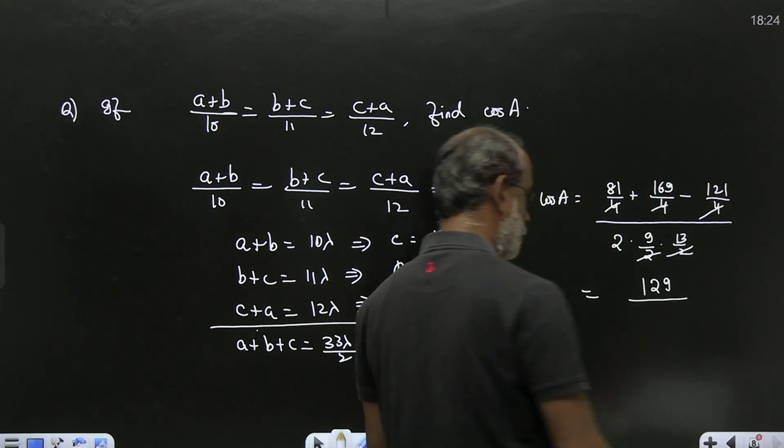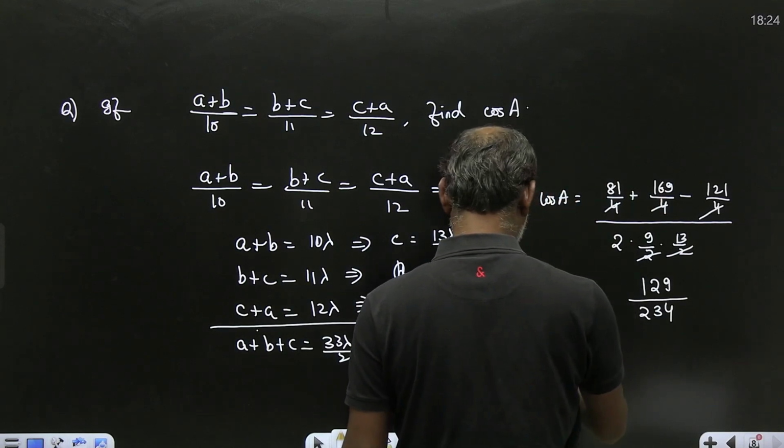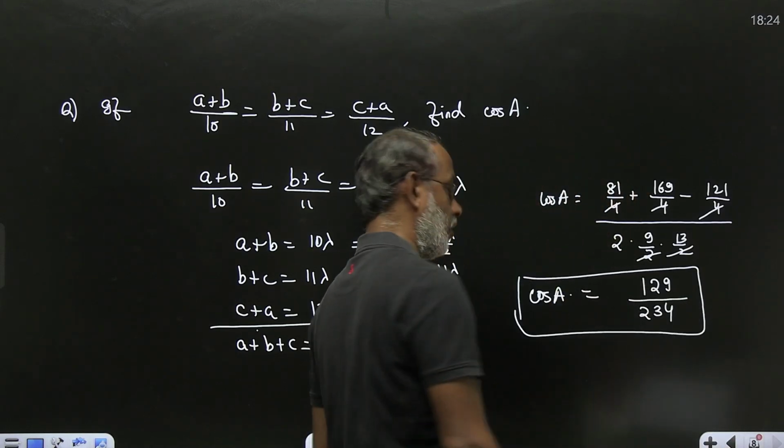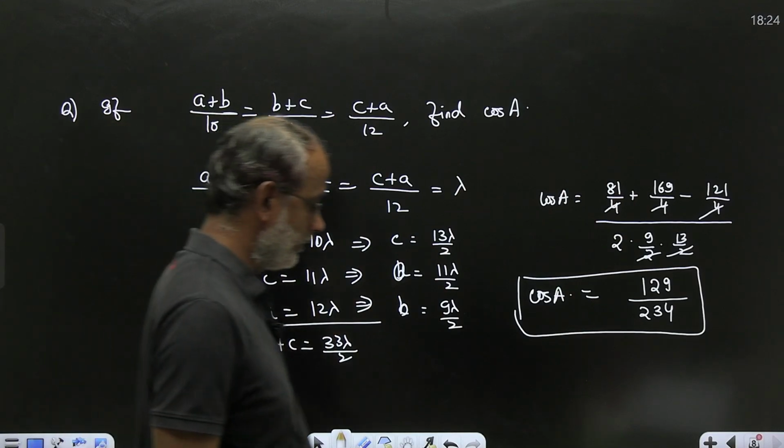Over 117 into 2, 234. So this is cos A. Not a reasonable number, but so be it. Okay?